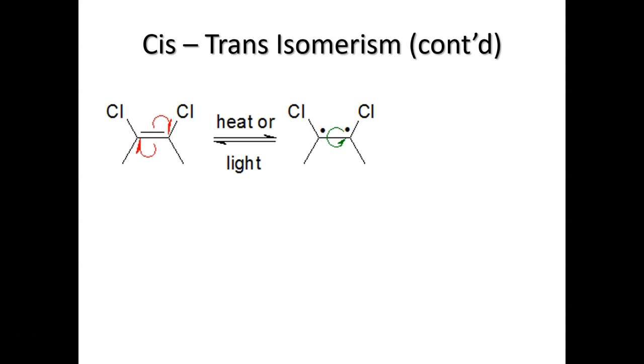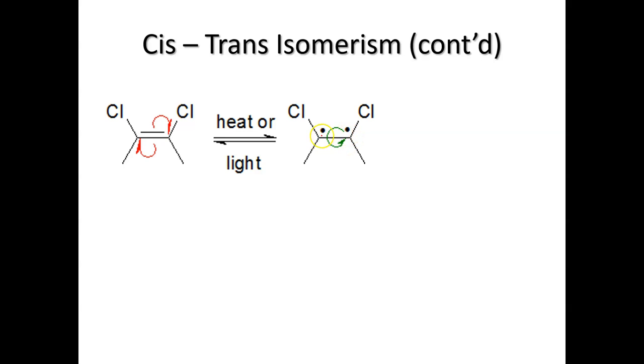Under normal situations, these two different isomers don't interconvert, but if you put in heat or energy or light, or if you put these under pressure, that can allow that double bond to break. We're basically going to break that pi bond, pull apart those electrons, and go into a high energy state in their respective p orbitals around that carbon.